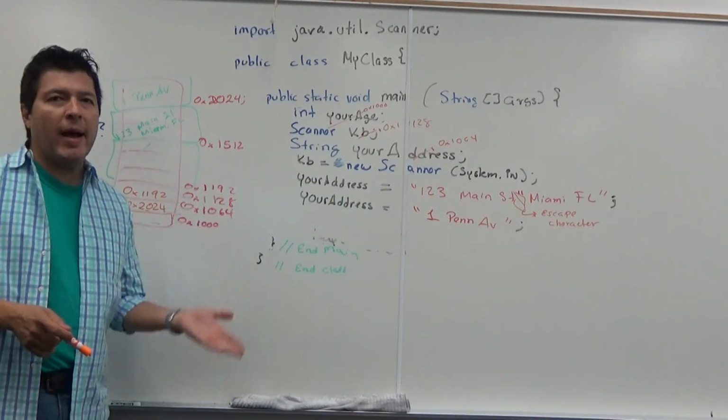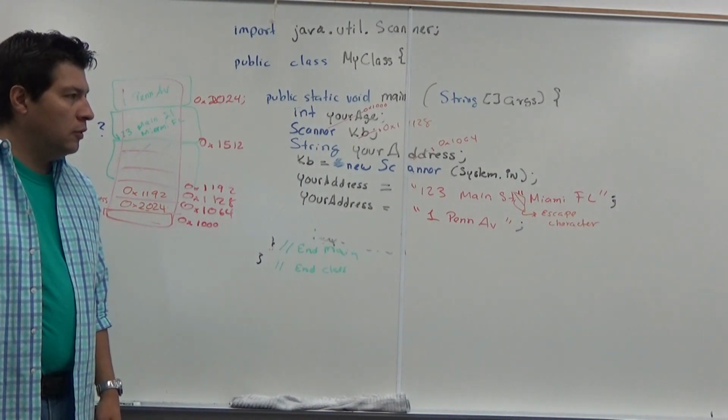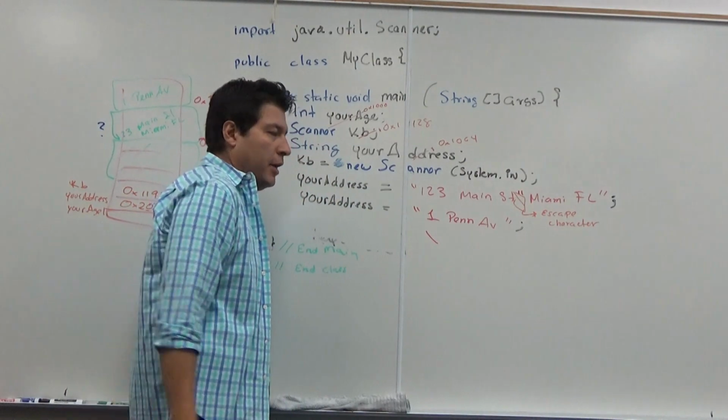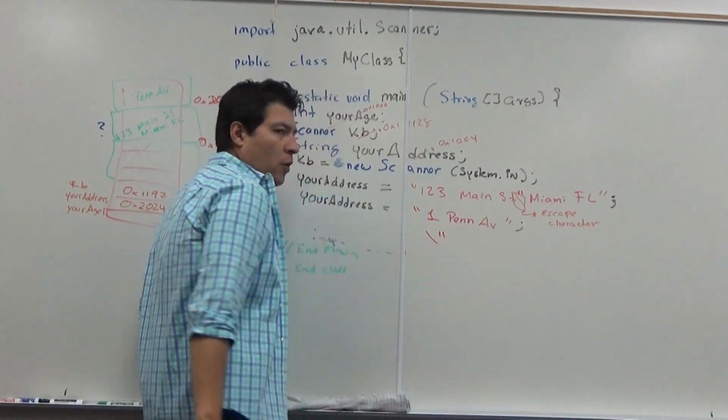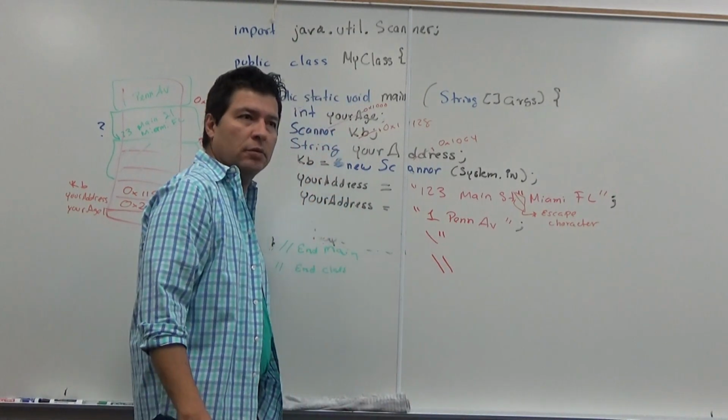But what if I want to print a backslash? So the escape characters always have a backslash. For a backslash, it's just a double backslash.